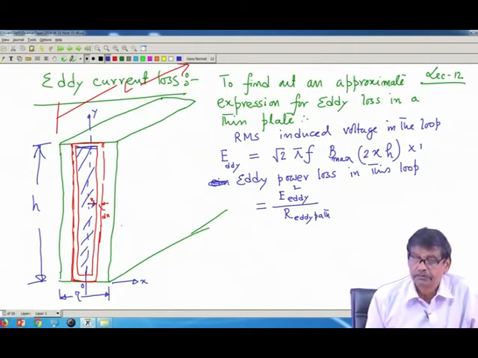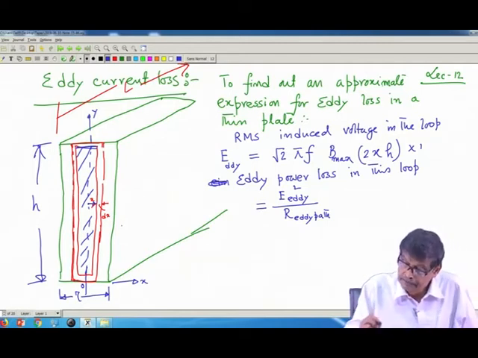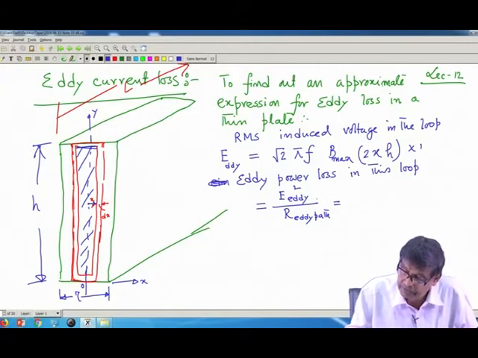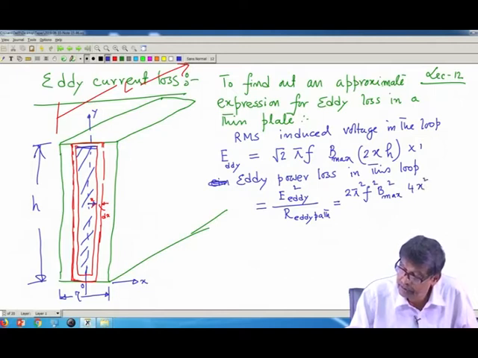This will be the power loss, V square by R, because the circuit is closed. Therefore, I will write it now, putting in these values. It will be 2 pi square f square B max square into 4 x square h square.